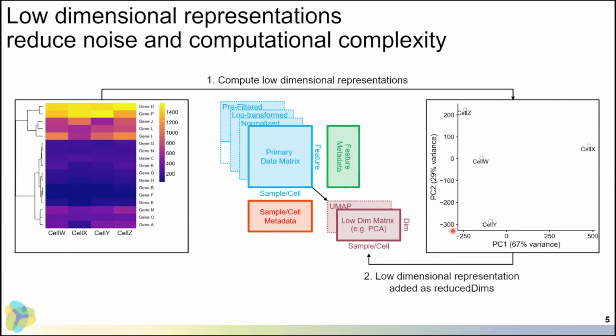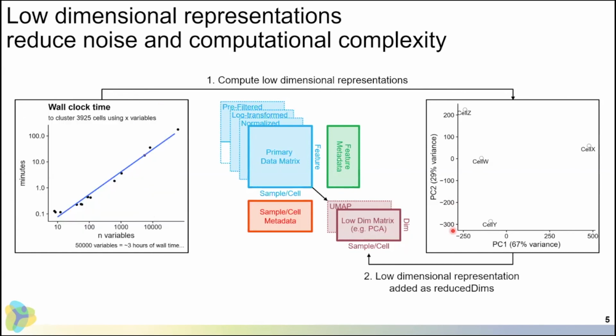And that's really important because some of the downstream steps, so the next step, for example, clustering, can be very computationally expensive when dealing with large data matrices. So I'm showing an example here on the left that is the result of clustering on the input data using an increasing number of variables. So I've got 4,000 cells in my data, and if I use fewer than 100 variables, I can do the clustering in under a minute.